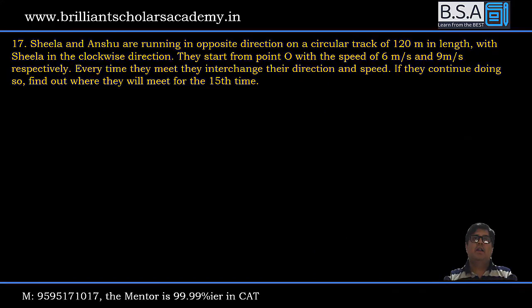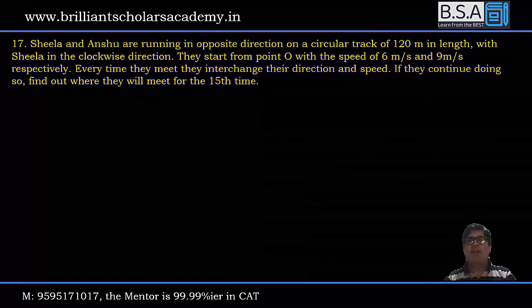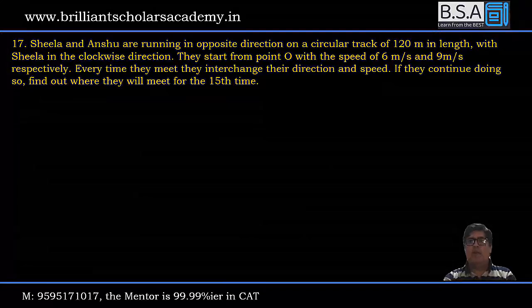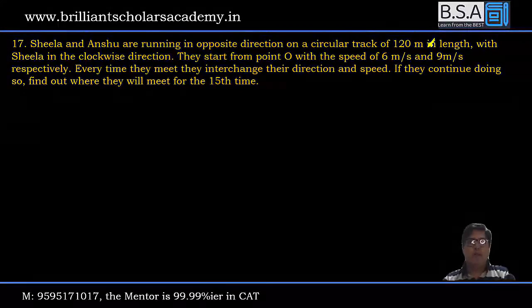Sheila and Anshu are running in opposite directions on a circular track of 120-meter length, with Sheila in the clockwise direction. They start from point O with speeds of 6 meters per second and 9 meters per second respectively.